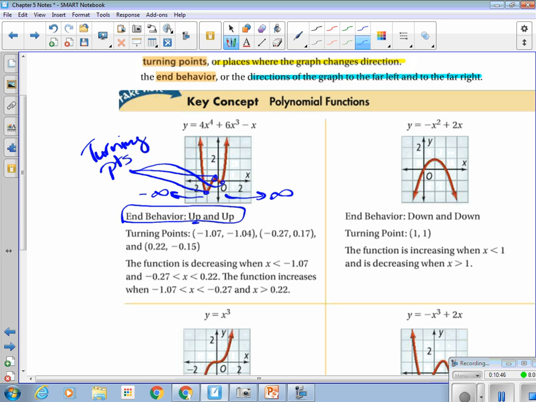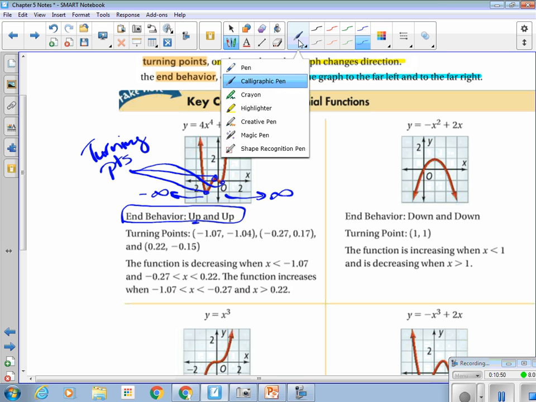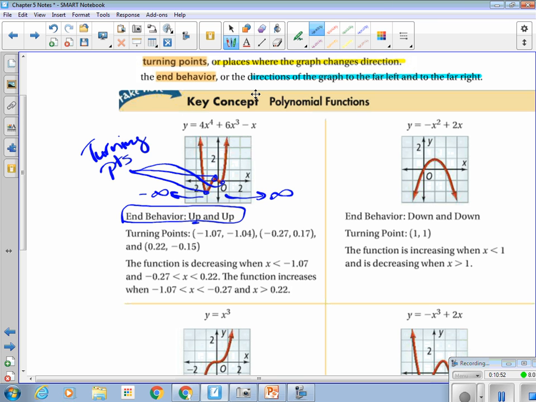And then let's do increasing and decreasing. Decreasing is going to be our purple crayon. So we are decreasing from here to here. This little snippet right here.